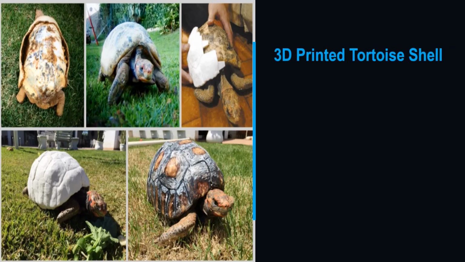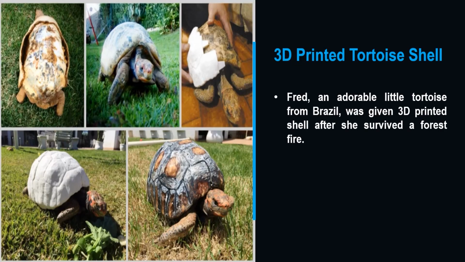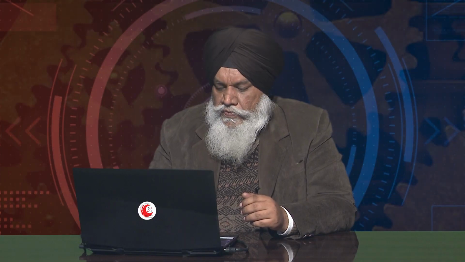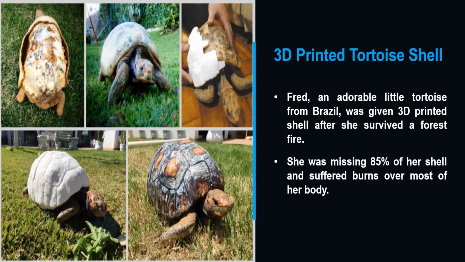Of course, this has not been done in our lab, but it is a very reputed case study in which it is reported that this tortoise had a shell damaged by fire, and people have printed an ABS based shell around this tortoise so that it can have a useful life. This is one of the examples that I just want to share with all my friends. The application of 3D printing can be in saving these types of animals also.